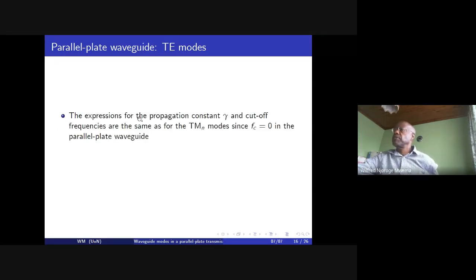So the expressions for the propagation constant gamma and the cutoff frequencies are the same as for the TMn modes, as you recall from what we talked about.